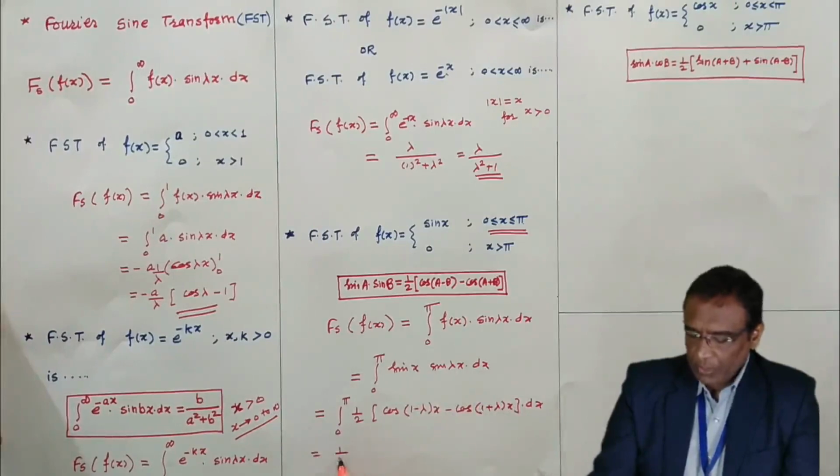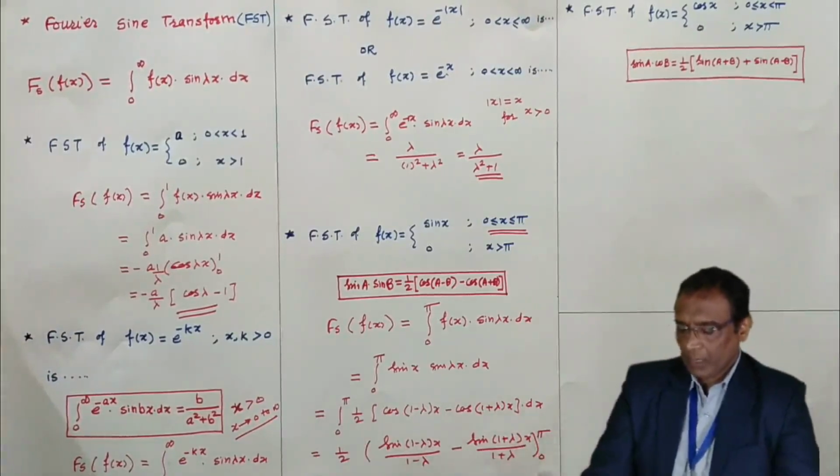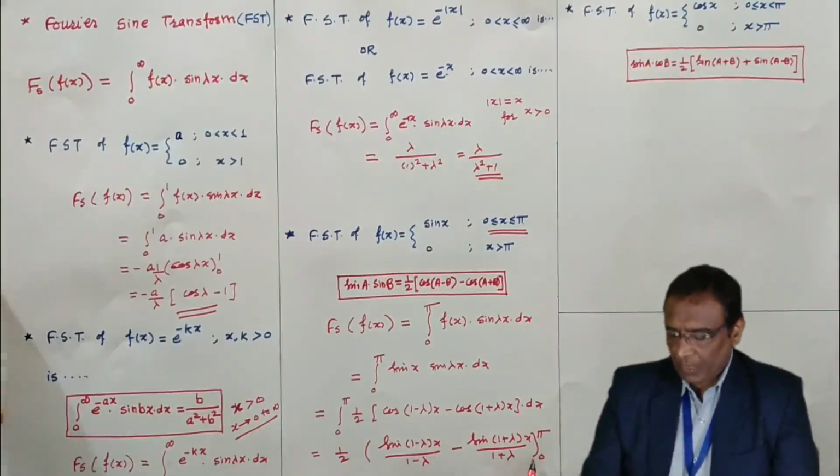Now integrate; 1 by 2 is outside. Integration of cos is sine (1 minus lambda) x by (1 minus lambda), and integration of the other is sine (1 plus lambda) x by (1 plus lambda). Lower limit is 0 and upper limit is pi. If you put x equal to 0, the sine 0 will be 0.